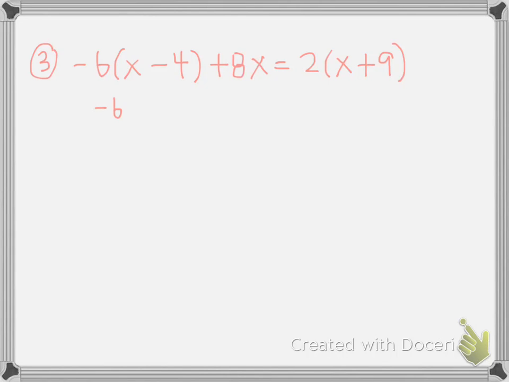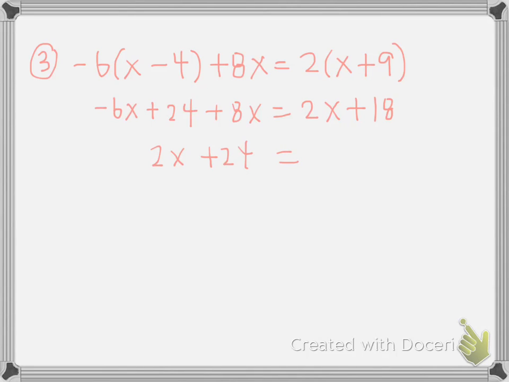Alright, let's do another one. So if I wanted to solve here, okay, so we need to simplify each side of the expression. So negative 6 times x is a negative 6x. Negative 6 times a negative 4 is a positive 24. And bring down your 8x. Distribute your 2, so 2 times x is a 2x, and 2 times 9 is an 18. Combine your like terms, so negative 6x plus an 8x is a 2x.